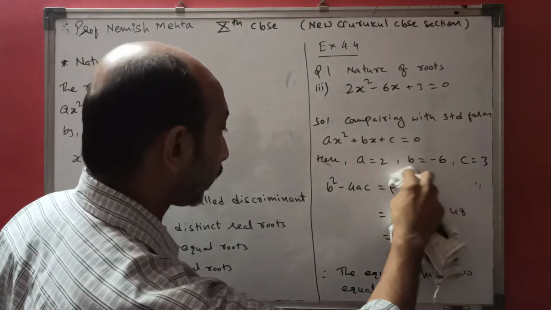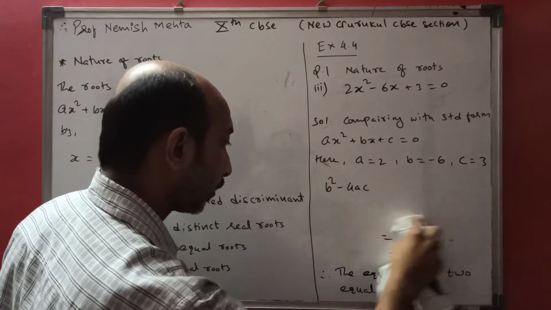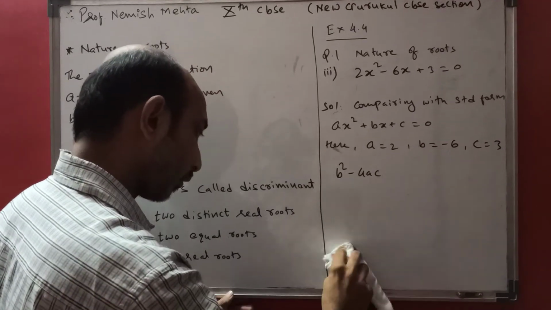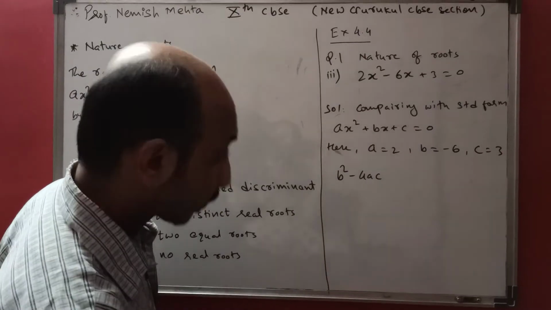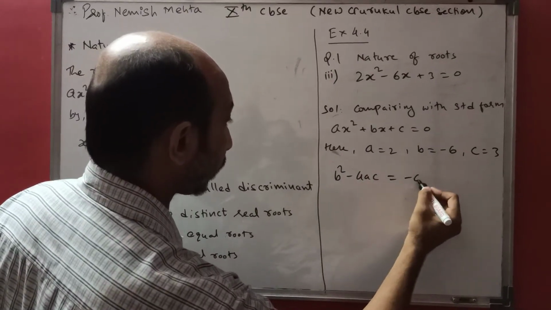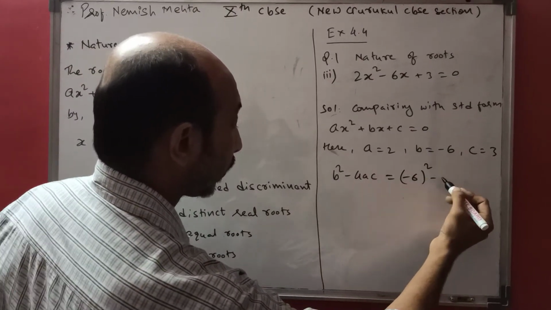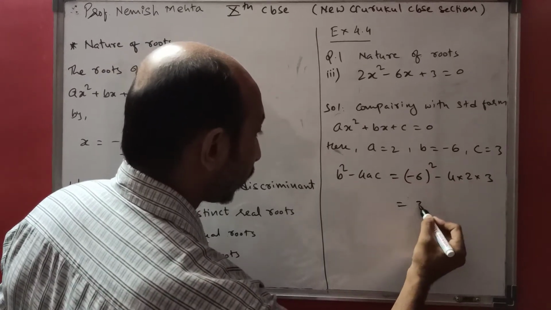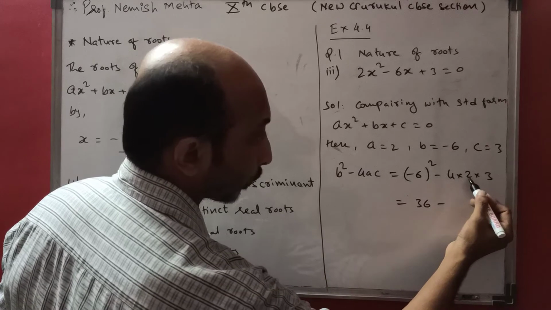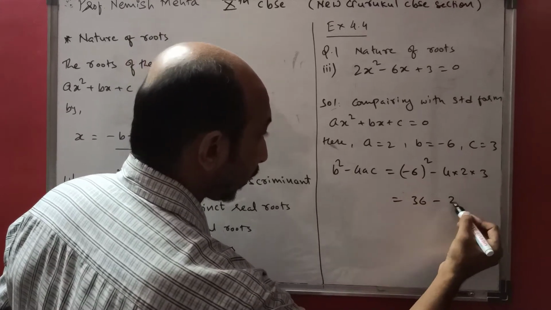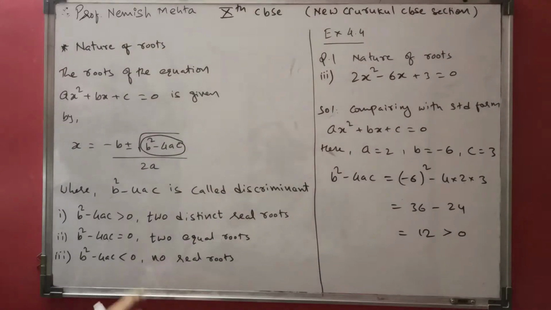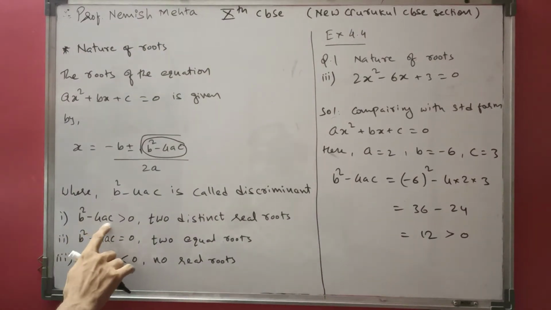Substitute the value here. b square, this is minus 6 whole square, minus 4 into 2 into 3. 36, 4 2s are 8, 8 3s are 24, which is 12, which is greater than 0. 12 is greater than 0, so b square minus 4ac is greater than 0.